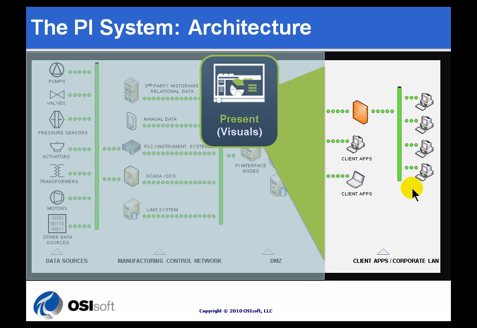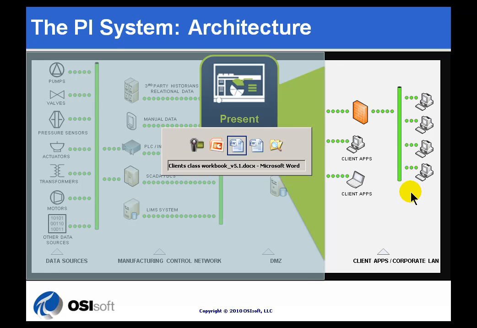RT Web Parts, by the way, you may know as Pi Web Parts. Typically the location of this is going to be out on the corporate LAN or completely out on the internet. Using good credentials, piggybacking on Windows security, you can expose this to people in a way that's secure, even if they're sitting at home or in an airport.